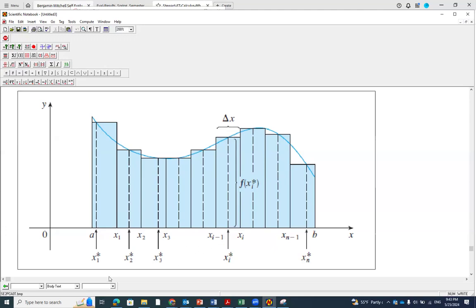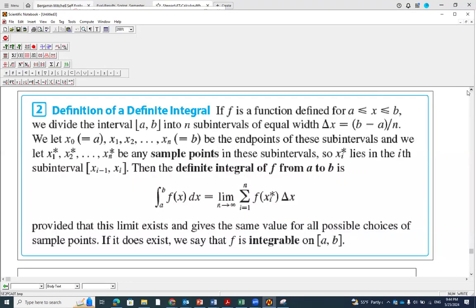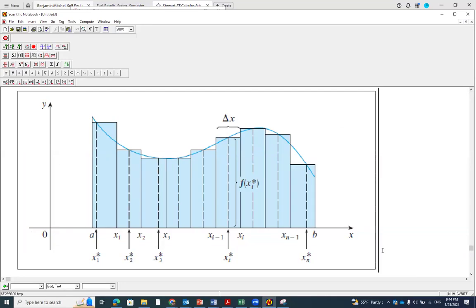It wouldn't matter. The chosen point, for the ith interval, we call x sub i star. Look at this interval, x sub i minus 1 to x sub i. We chose this interval.